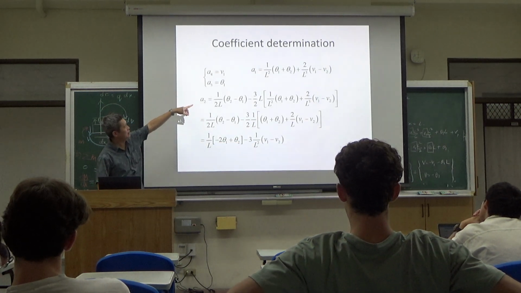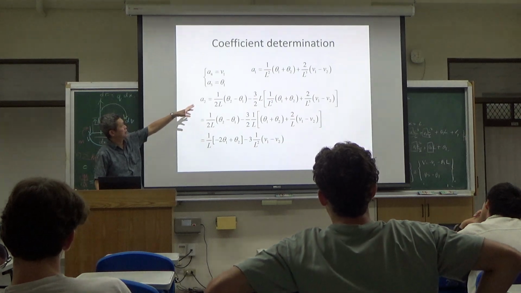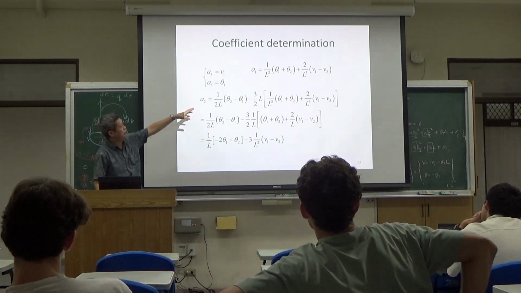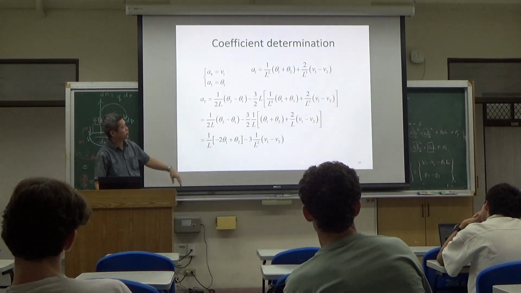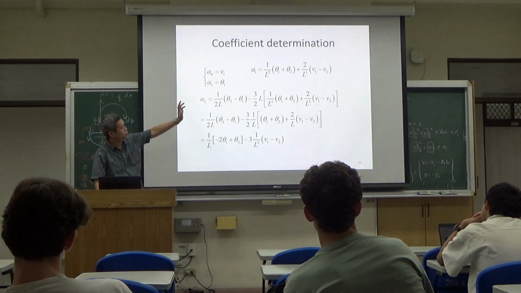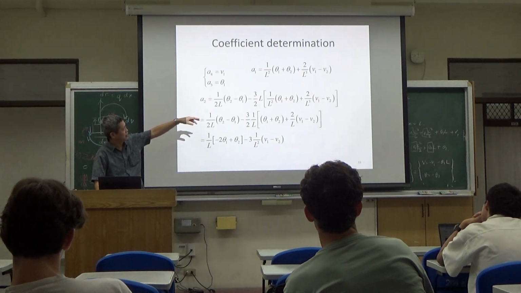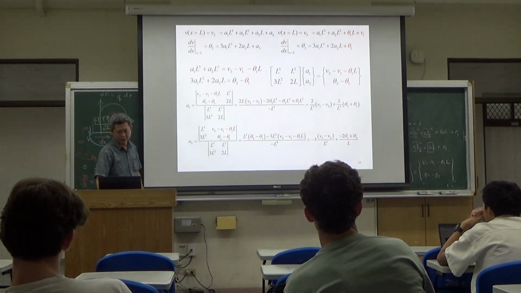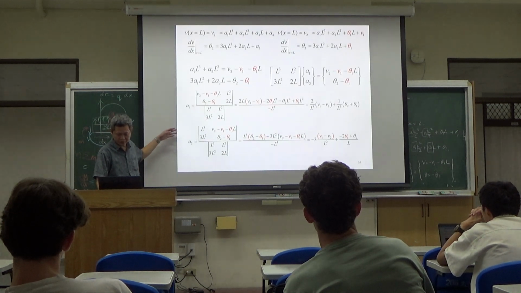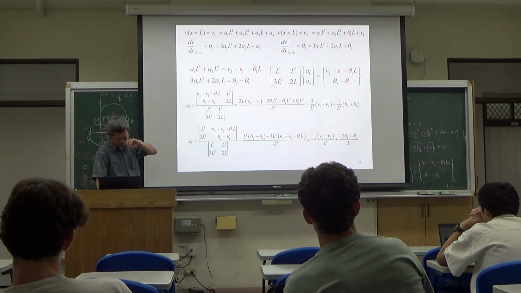And then A1 is the two angle sum divided by L squared plus the two displacement difference divided by L cubed times 2. So this is how you got this solved.